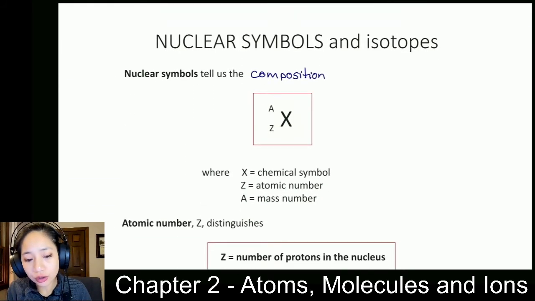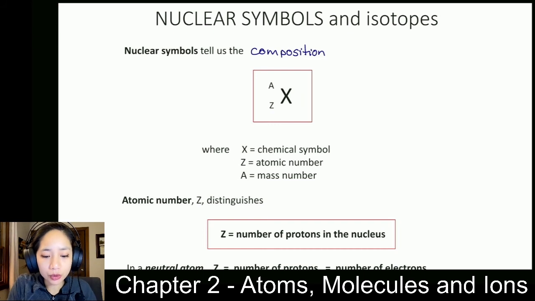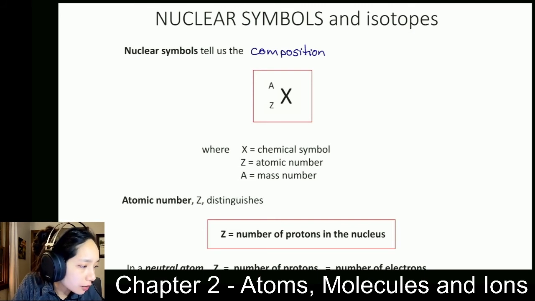We can use nuclear symbols, or sometimes we call them nuclide symbols. This is how we can use symbols to represent different isotopes of different elements. So these nuclear symbols, like the generic one I have here, tell us the composition of a nucleus.